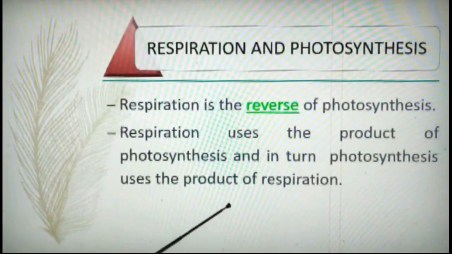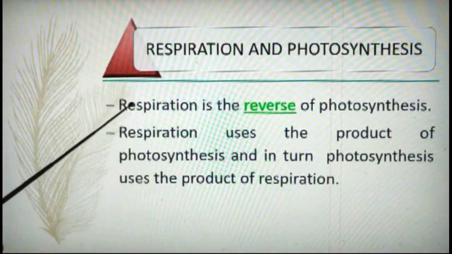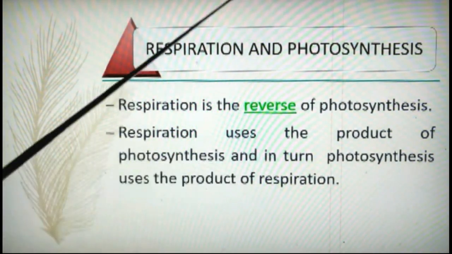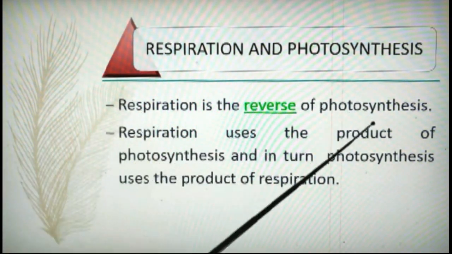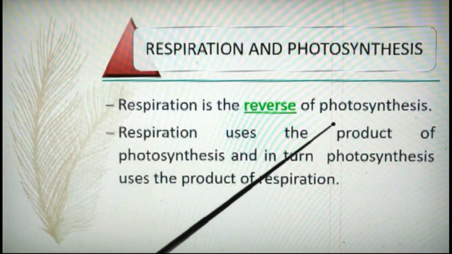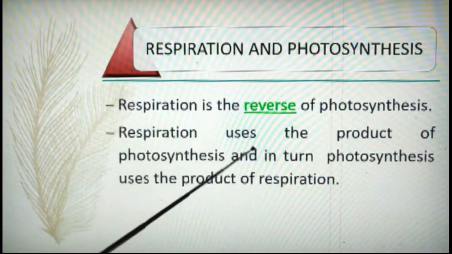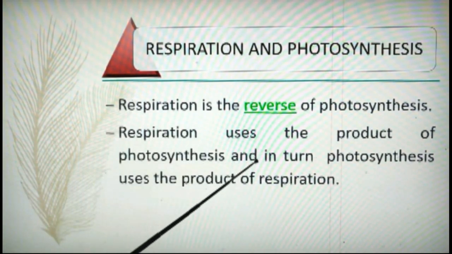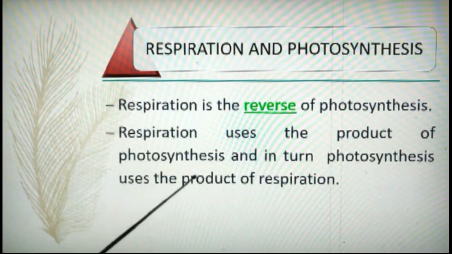Next, we can move on to the relation between respiration and photosynthesis. Respiration is the reverse of photosynthesis. Why is it so? Because respiration uses the product of photosynthesis and in turn photosynthesis uses the product of respiration.